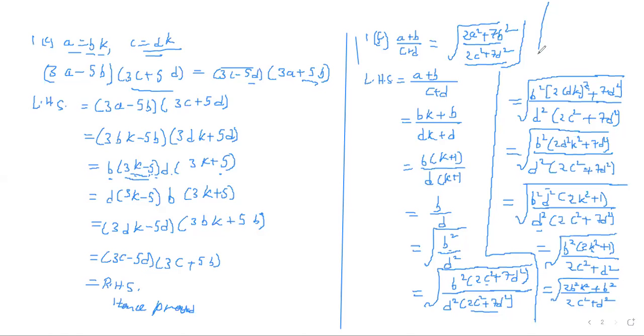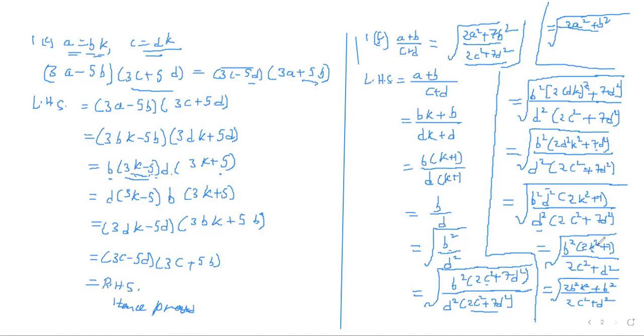Clearly in place of bk, if we write a as bk equals to a, so it is 2a square plus b square over denominator is 2a square plus, actually it was 7.